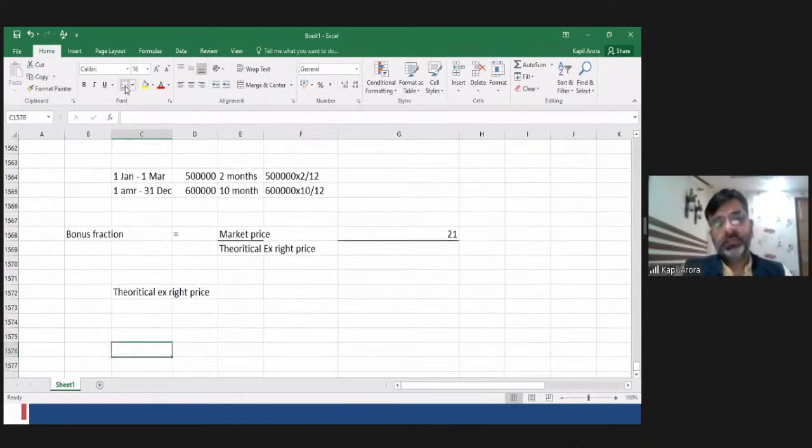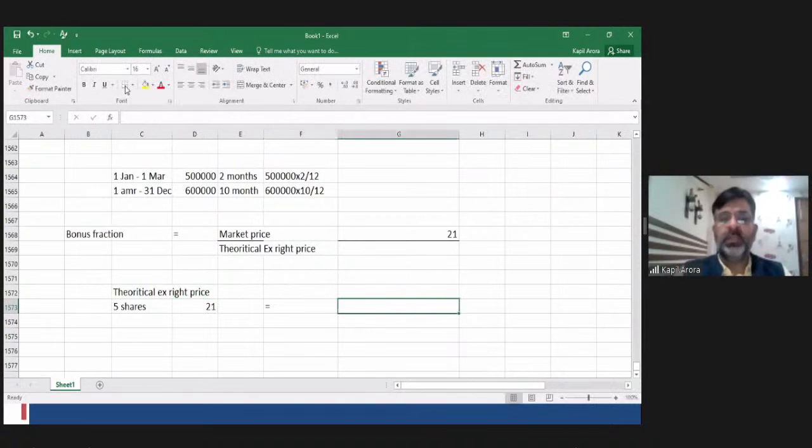Formula is: how many shares are getting this bonus? How many shares, if you have, you will get a right to acquire another share at a discounted price. For that, you should have 5 shares. Now, if you want that 1 share and you don't have anything, what you need to do? To get that 1 share, you need to buy 5 shares at 21 rupees.